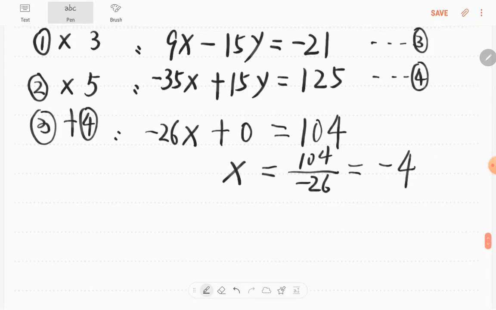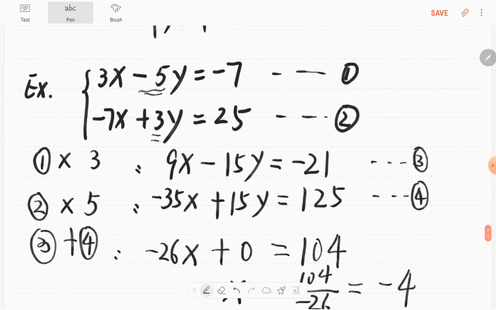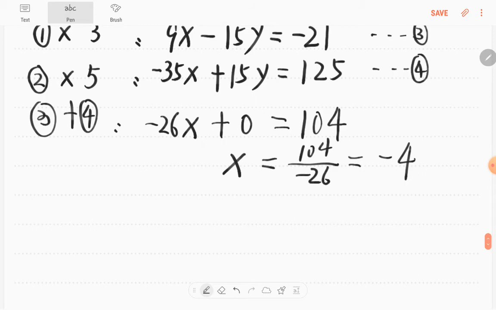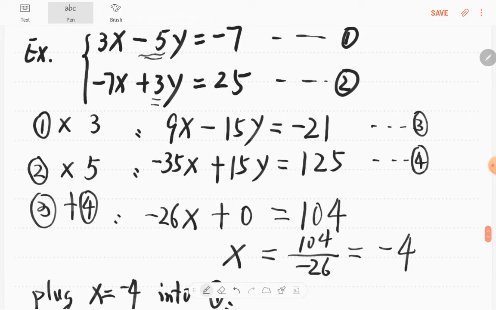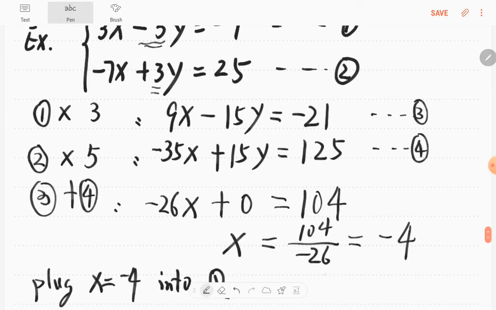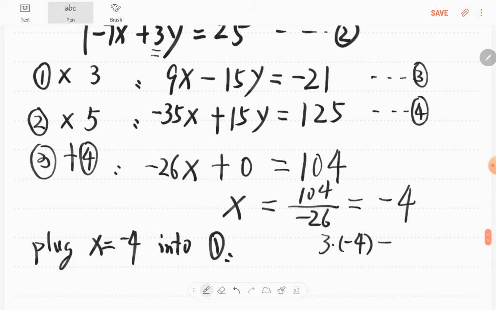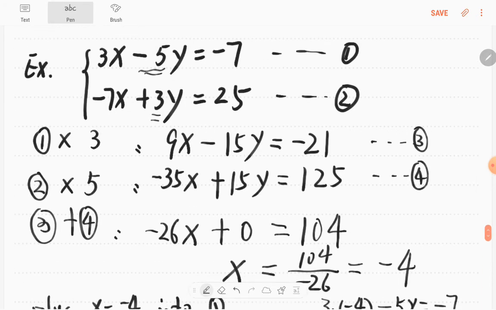So if we have x equals negative 4, then we can plug into any equation you want to get y. Here we plug x equals negative 4 into the first equation. Then you will have 3 times negative 4 plus negative 5 times y equals negative 7.